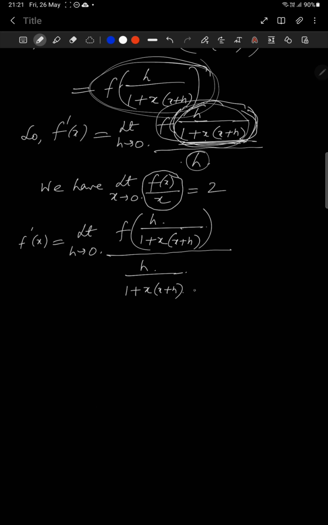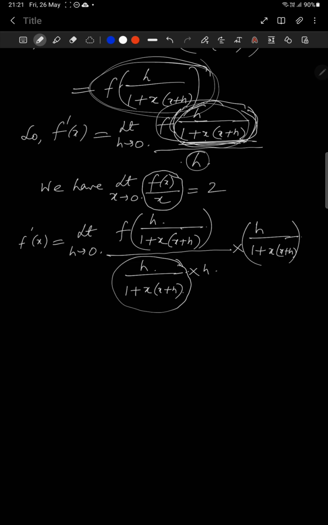This h can be written over here, and in order to compensate this we have written on our own. So let us multiply the same quantity in the numerator over here, h divided by 1 plus x bracket x plus h. I hope you all have understood what I have done.